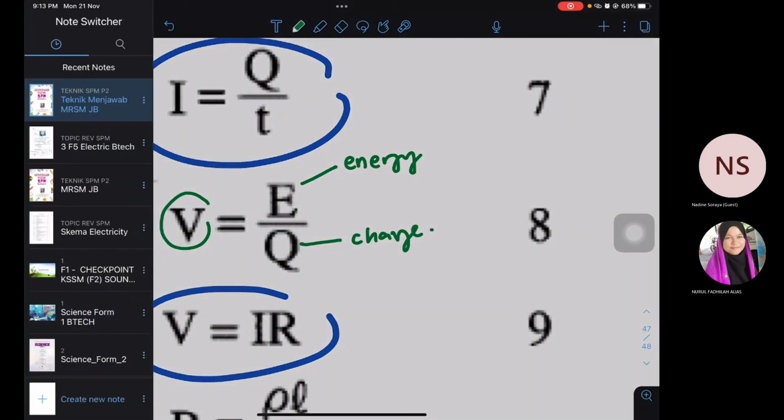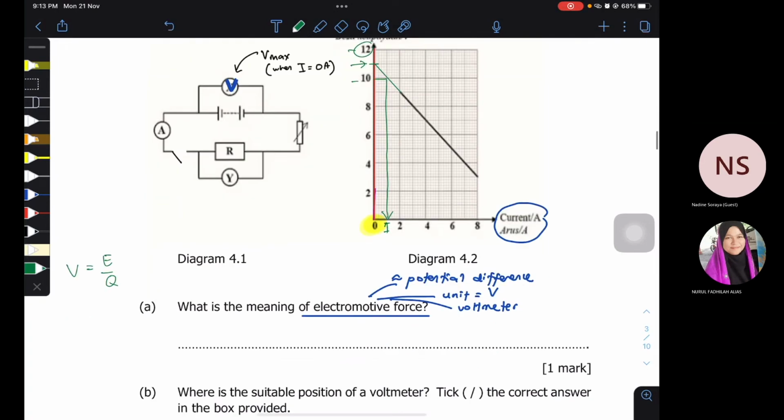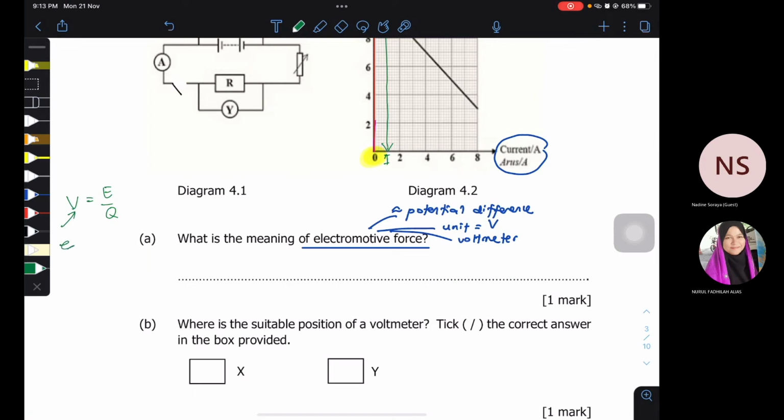So V equals to E over Q. Saya kata V ni boleh jadikan dia EMF. So kita tulis ni sebagai definition. So what is it? So electromotive force, which is this one, yang epsilon ni is equal to the energy, ni sama dengan work done lah. The work done.